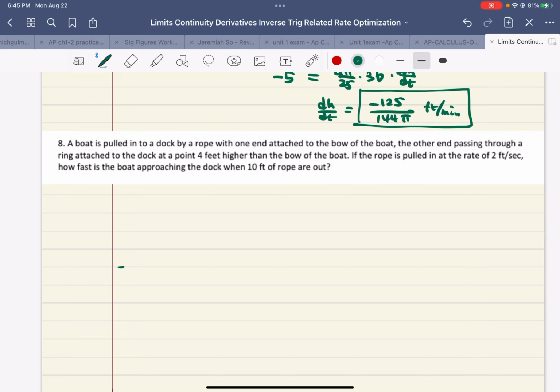So the situation is you have a boat here and there's a dock, right? There's a ring and you pull this rope. They said this one from here to here is 4 feet higher, okay?